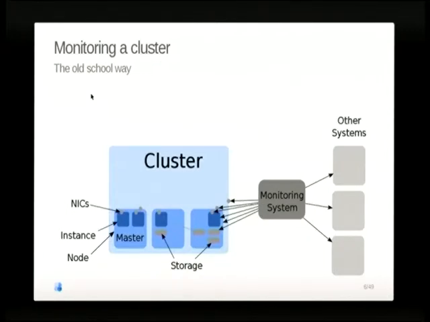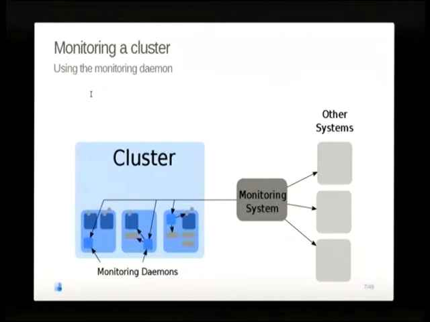Which means that you have to write a lot of rules that control inside your cluster. With the monitoring daemon, we just give you one single point on each node, on which you can control the cluster. The monitoring daemon exports data in JSON format, and then you query it from your monitoring system, and when the monitoring daemon says something is wrong, you go repair it.